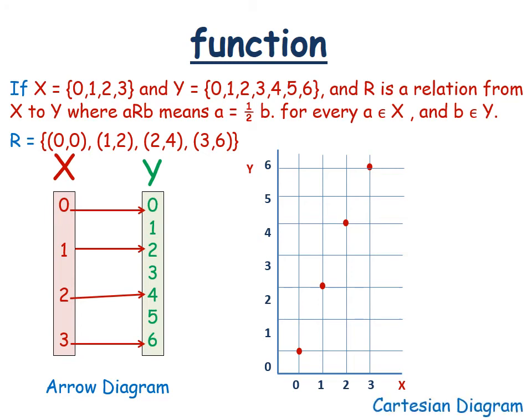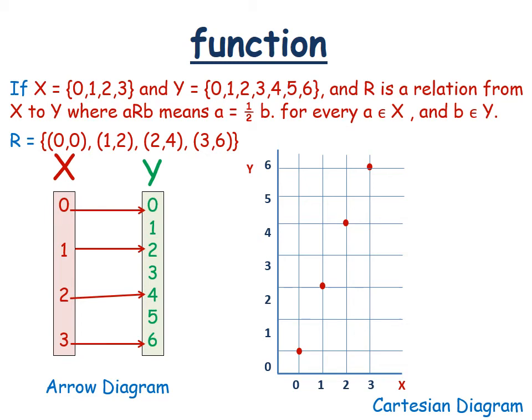This is the Cartesian diagram. So for this example, till now it's ordinary, like the examples of relation I studied in the last section. So what is function? What is new?